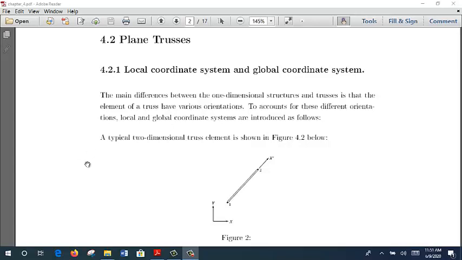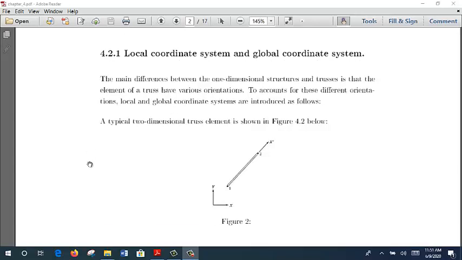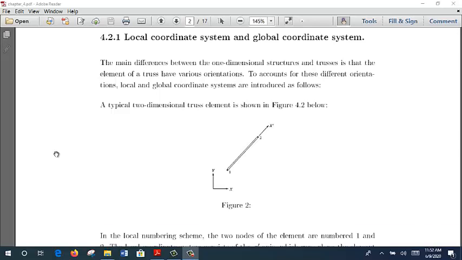The difference is just how we formulate the element stiffness matrix to get the value of K. So that's the difference from the previous lessons. So we assume that we have our two-dimensional truss element. We have node one and node two, and this is one element.